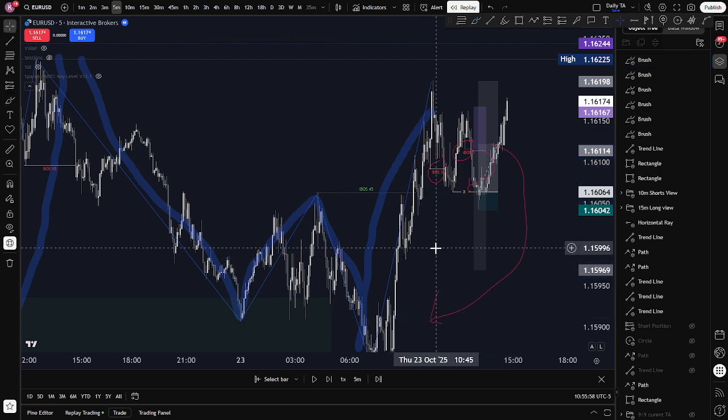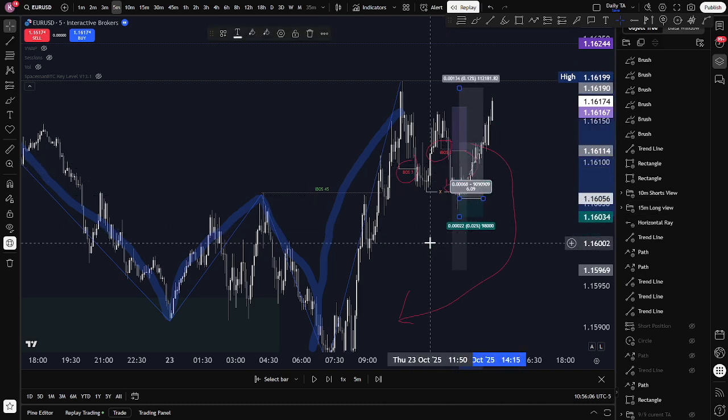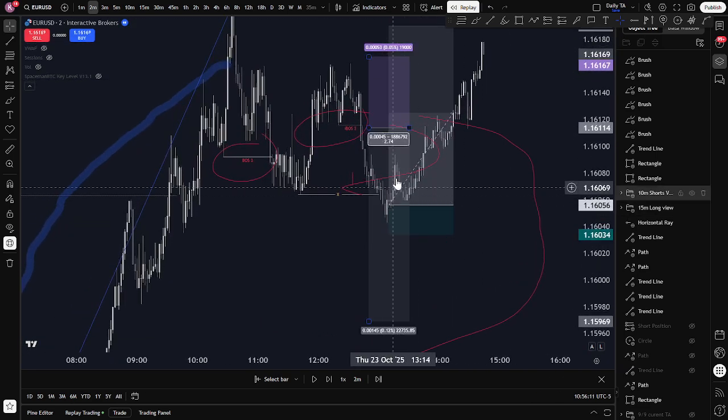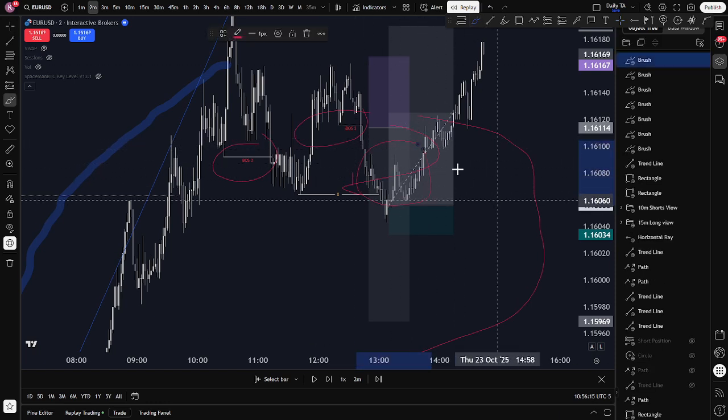Now on this particular trade, there was an exit signal and I didn't take it. The exit signal was right on the 2-minute. Right here, there was a boss 2.